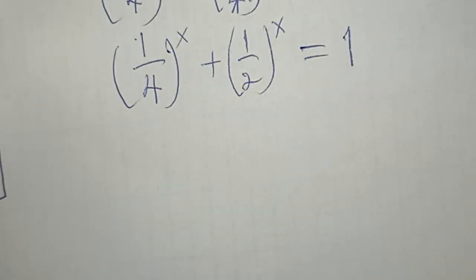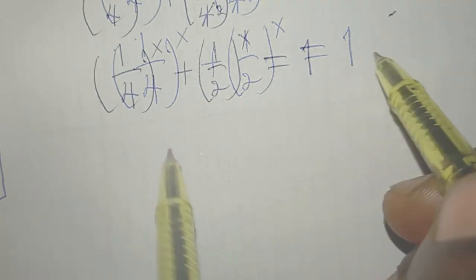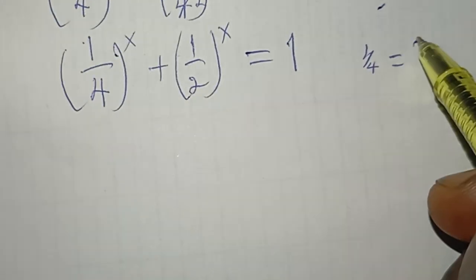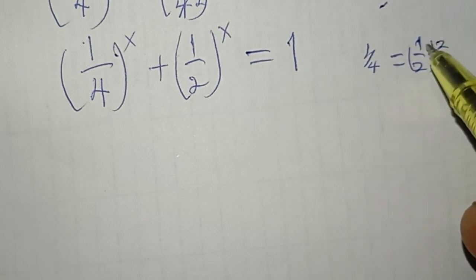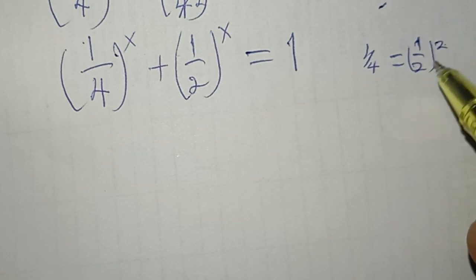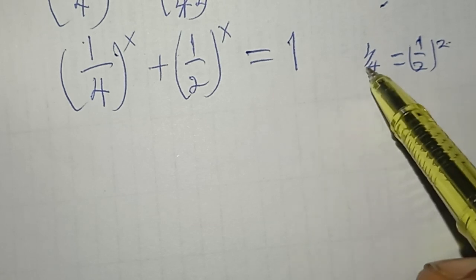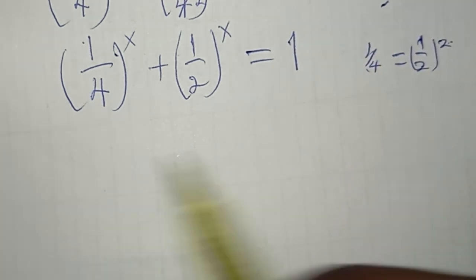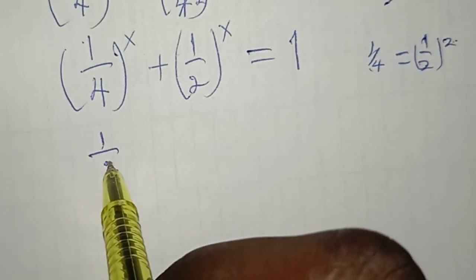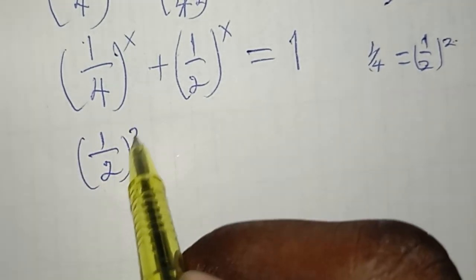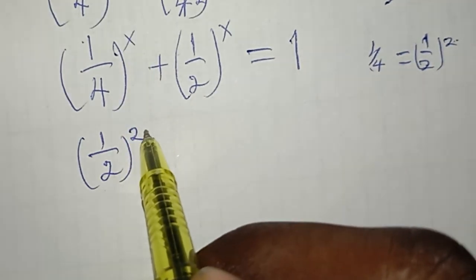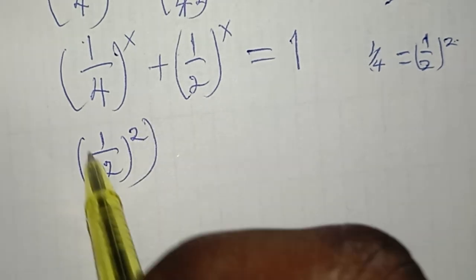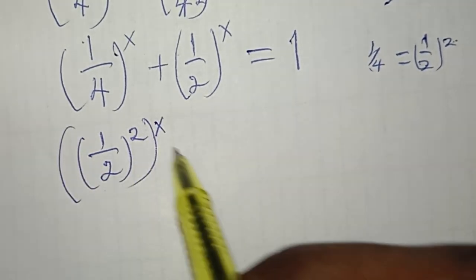Of course, you know that 1 over 4 is equal to 1 over 2 power 2. So that when you take 1 power 2 is actually 1, and of course 2 power 2 will give you 4. So instead of writing this 1 over 4, I am going to replace it with 1 over 2, power 2, and then I'm going to use this 2 to multiply this x right here, or let me just put it power x.